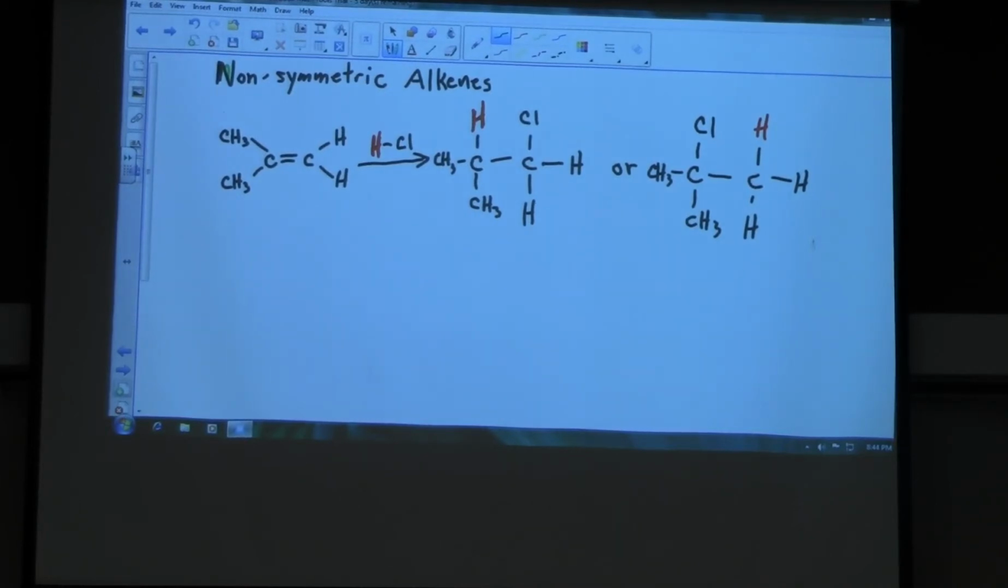I appreciate that. It turns out that this is the product that is favored. Heavily favored. I mean, I'm not talking like 55-45. I'm talking like 90-10, 95-5. Very much favored.